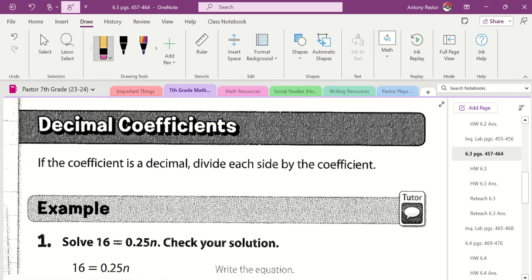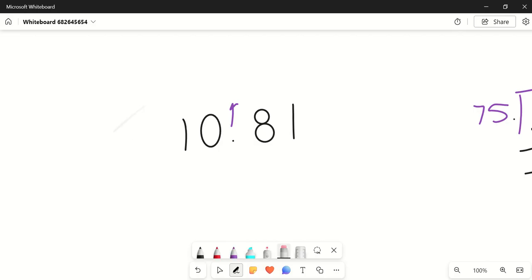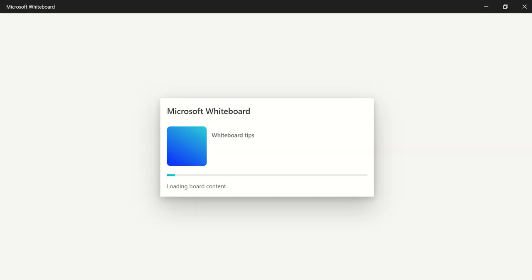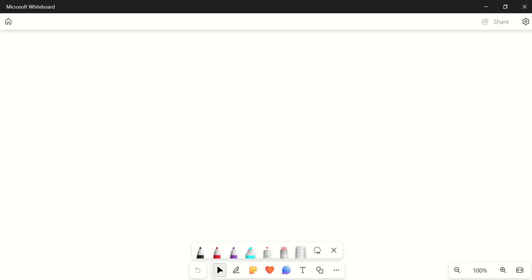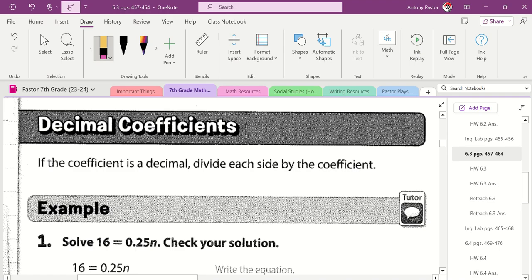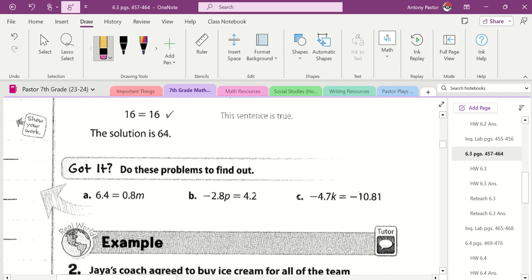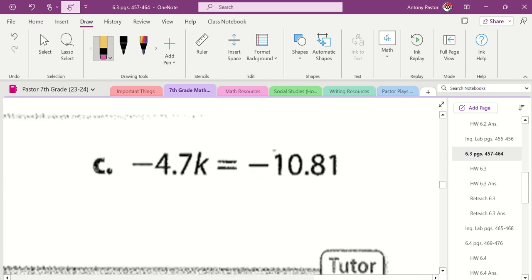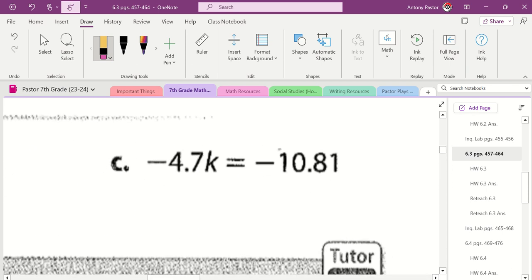Okay, now we're going to review one thing before we go into the next thing. What happens if I have negatives? So we're going to do this example really quickly. The example is negative 4.7k equals negative 10.81.